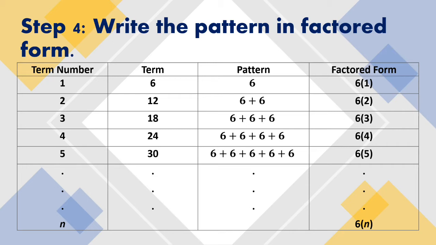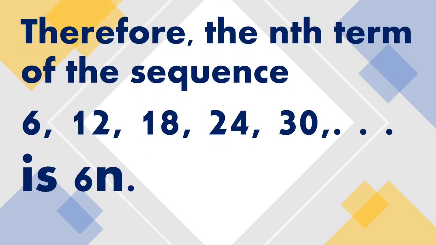Now to find the nth term, the rule is 6 multiplied by n. Therefore, the nth term of the sequence 6, 12, 18, 24, 30, and so on is 6n, or 6 multiplied by n.